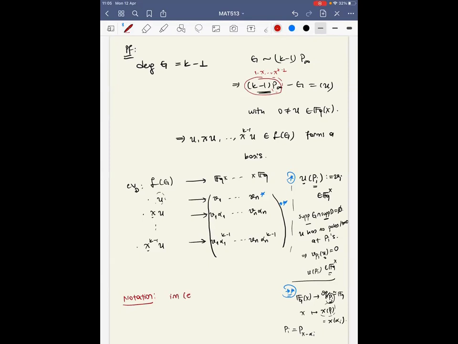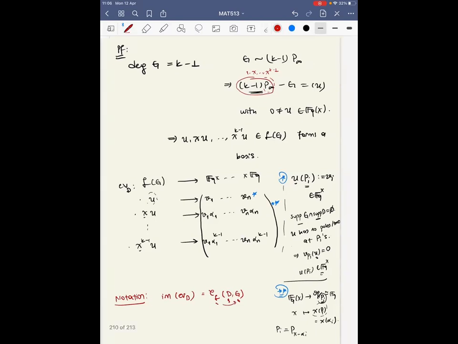For this image of evaluation, this generalized Reed-Solomon code, let me use the notation C_L(D, G) to denote the divisor G and the rational places P_i's and the Riemann-Roch space L(G).